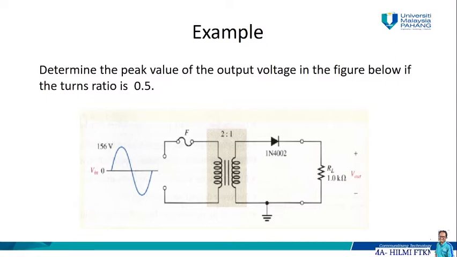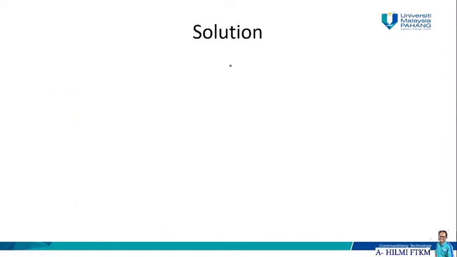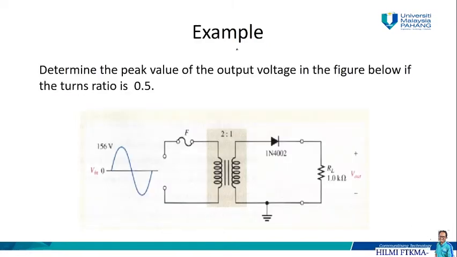Okay, so let's take a look at one example. Determine the peak value of the output voltage. The question asks to find the peak value of the output voltage, meaning that we need to find Vp out. In the figure below, the turns ratio is 0.5.